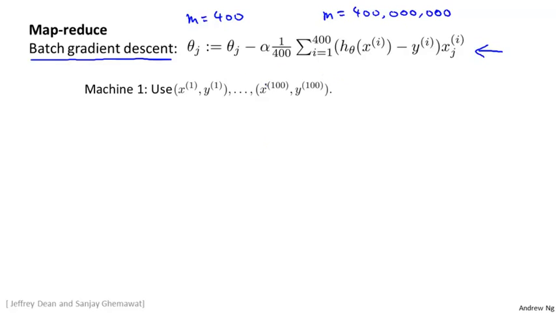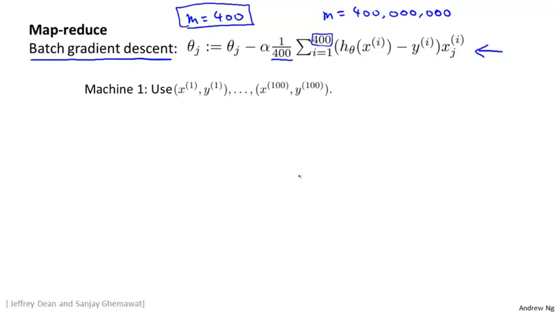But just to make the writing on this slide simpler, I'm going to pretend we have 400 examples. So in that case, the batch gradient descent learning rule has this 1 over 400, and this sum from i equals 1 through 400 over my 400 examples. And if m is large, then this is a computationally expensive step.